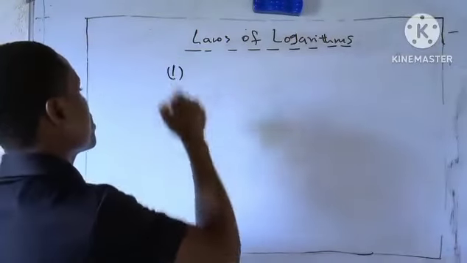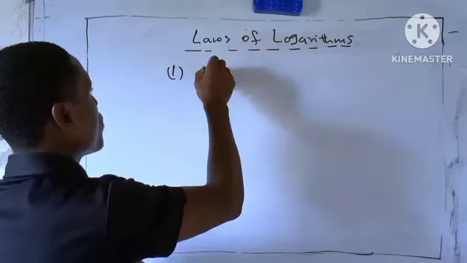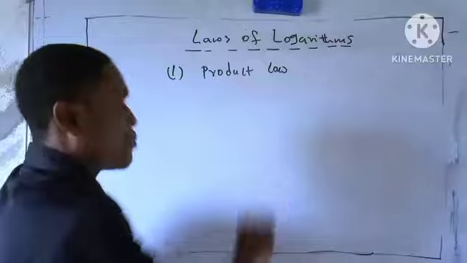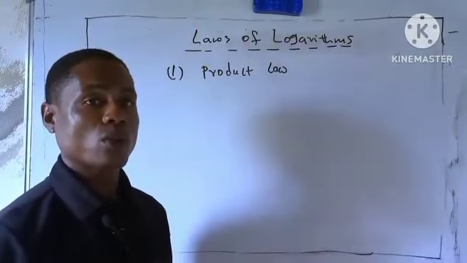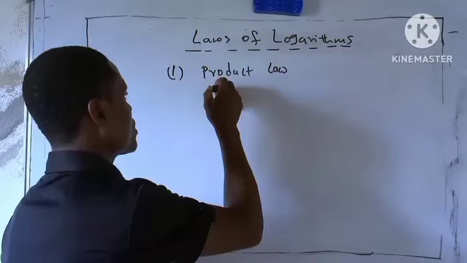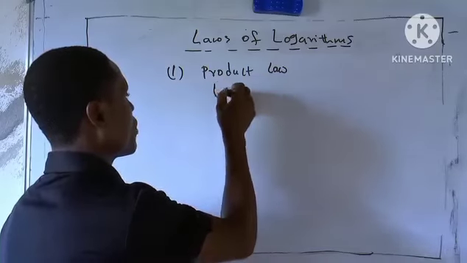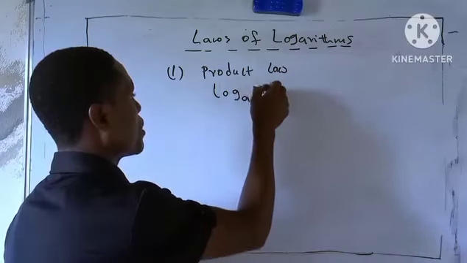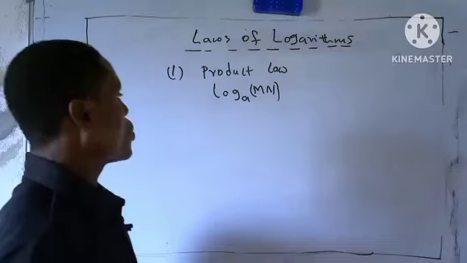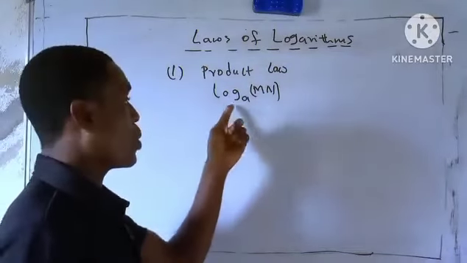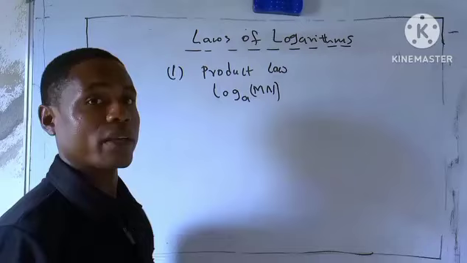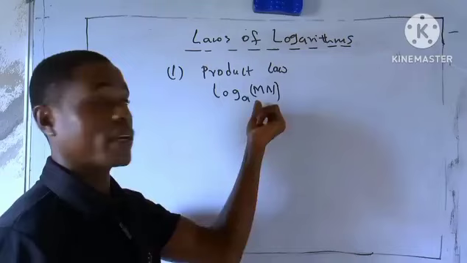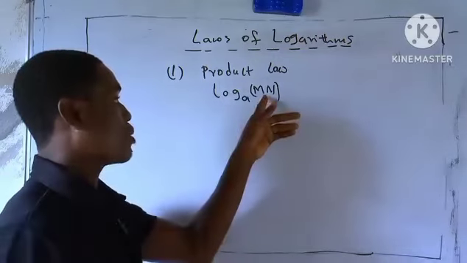Let's start from number one. The first law of logarithm, the product law. Let's say we have log base a raised to power mn. So if you have something in this form, you know that this middle is a multiplication sign.